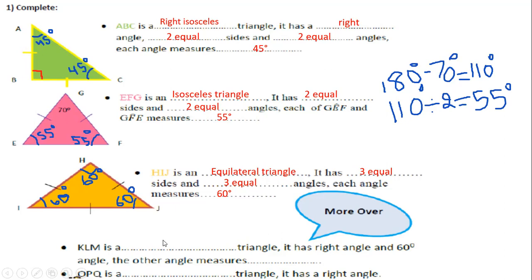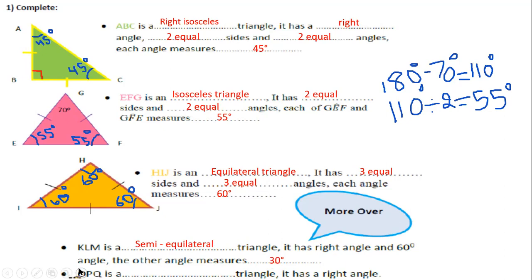Semi-equilateral. Yes, it is a semi-equilateral triangle. The third angle measures 30 degrees.